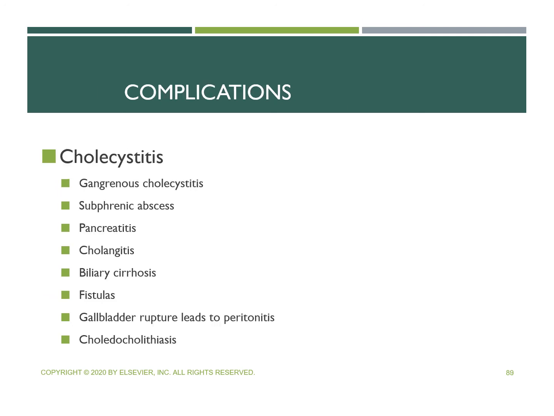Complications of cholecystitis could be a gangrenous gallbladder, an abscess, or pancreatitis. There is a link between pancreatitis and gallbladder disease. Sometimes they do go hand in hand, so you'd always want to be on the lookout for that. Cholangitis is inflammation of the bile ducts. Biliary cirrhosis is damage to the bile ducts in the liver.